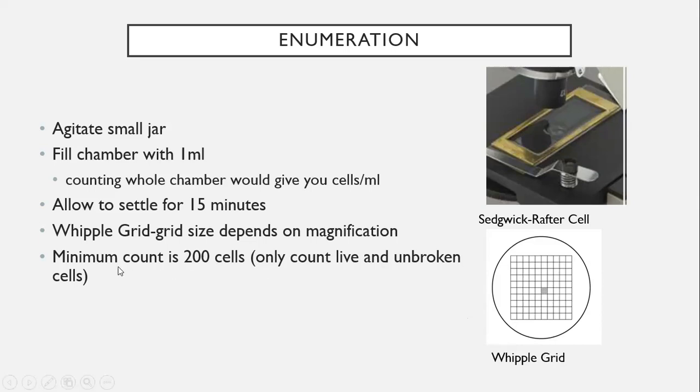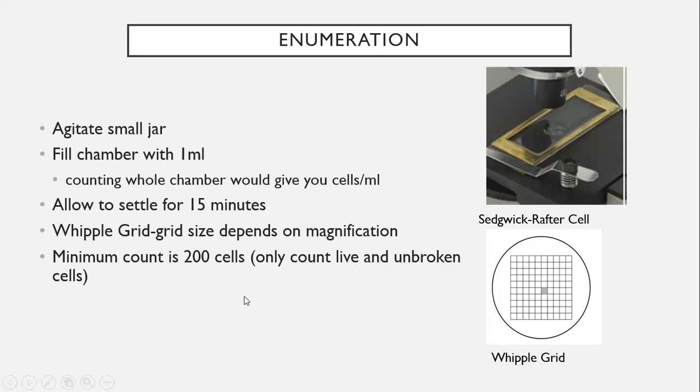But as you're counting, you want to get a minimum of 200 cells, and you're only counting the live and unbroken cells. And live is a bit of a misnomer here because they aren't alive anymore. But any kind of cells that are broken or just don't have any color to them anymore usually means they were dead before collection. So you're not counting those in your totals.